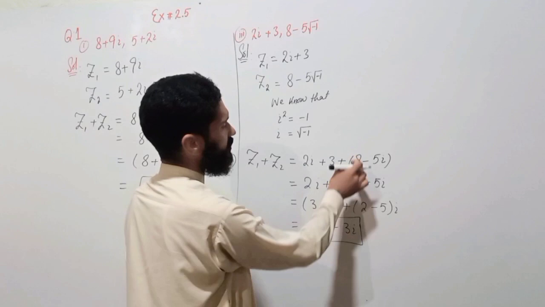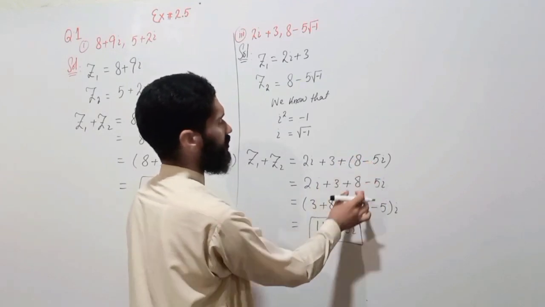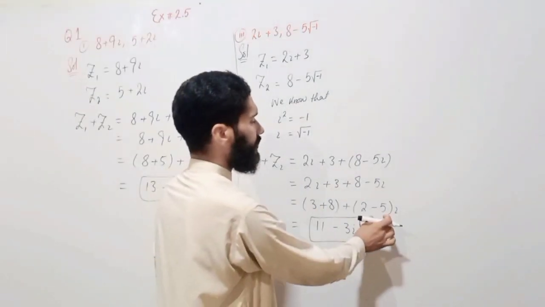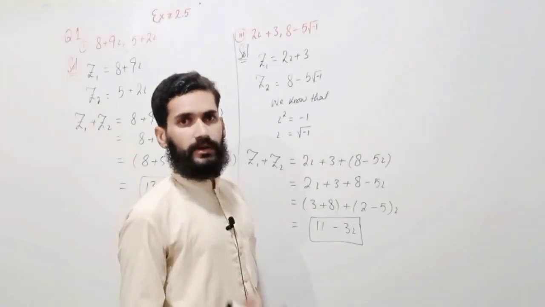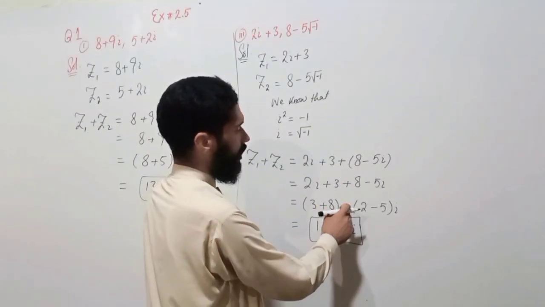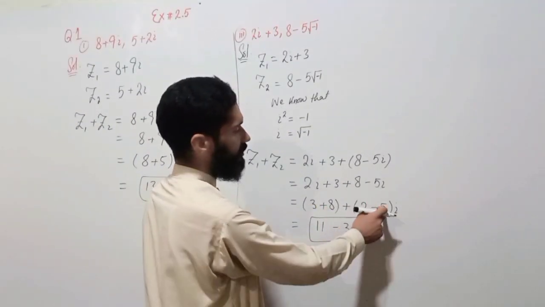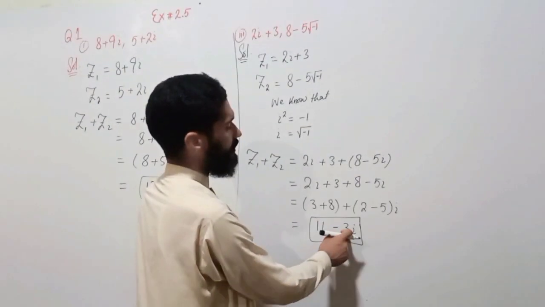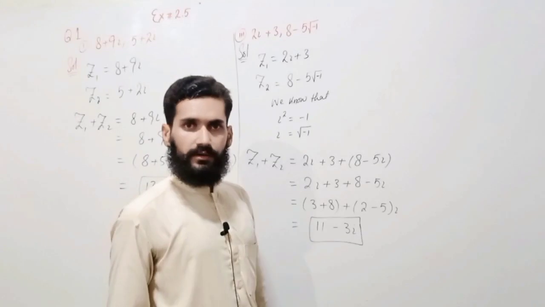Plus into plus, plus into minus. Now take the real part on one side and the imaginary part on the other, and add them. The real part is 3 plus 8, which is 11, and the imaginary part is plus 2 and minus 5, which gives negative 3. So 11 minus 3 iota is the required result.